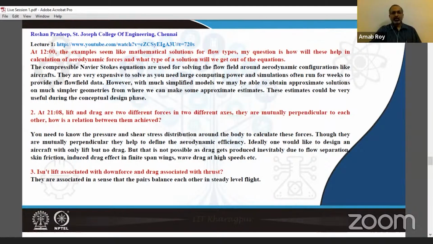They need a lot of computing power, and the simulations could run for weeks or maybe even months. It depends on what kind of detailing and resolution you are looking at, and to what accuracy you are solving those equations. Accordingly, you have to employ your resources.